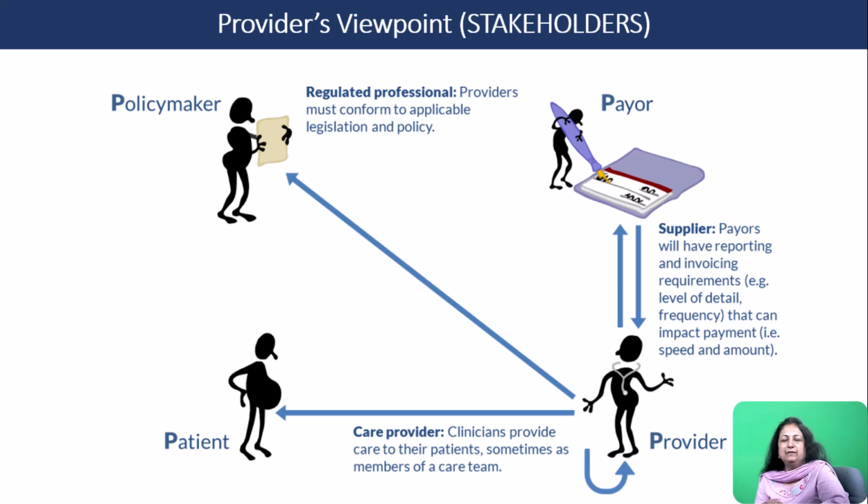And with reference to the patient, the care provider has the most critical role. Clinicians provide care to their patients, sometimes as members of a care team, or individually. All right. So now the policy maker. With reference to provider to policymakers, we have to conform to applicable legislation and policy.